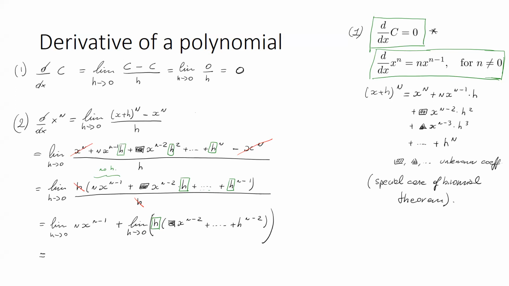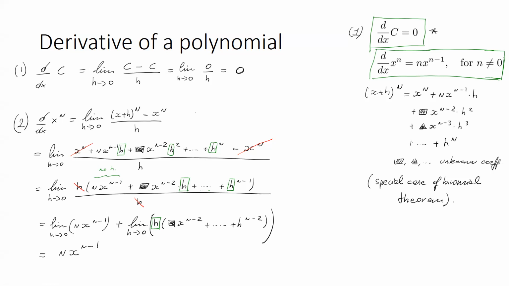Now there are two things that we can do with that result. The first term here, n times x^(n-1), doesn't have any h's. So if we let h go to 0, we just get n times x^(n-1). And then the second term, this big limit: here we have an h up front, and then a bunch of other terms which may or may not have h's in them.